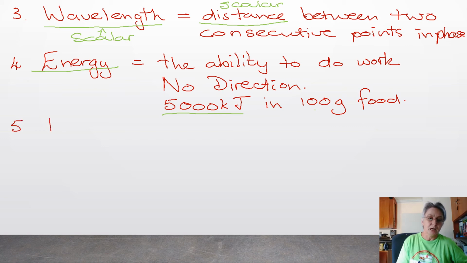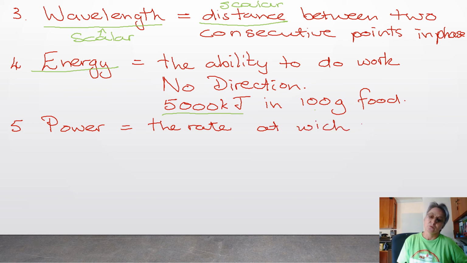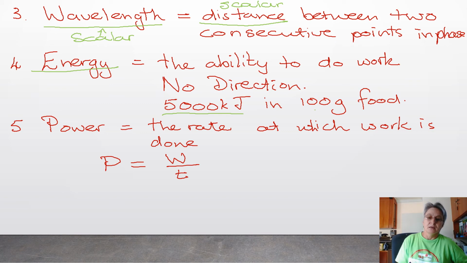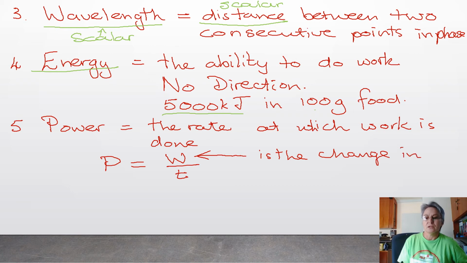Number 5 is power. Now power is the rate at which work is done. So if I can use the equation, power is work over time, and work is the change in energy.